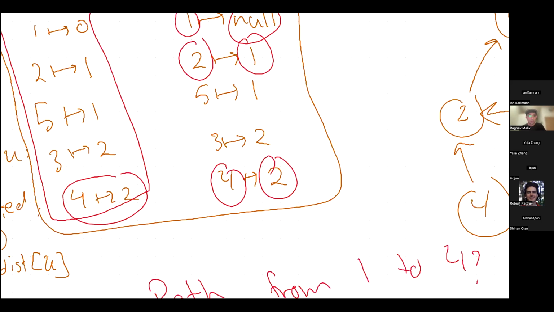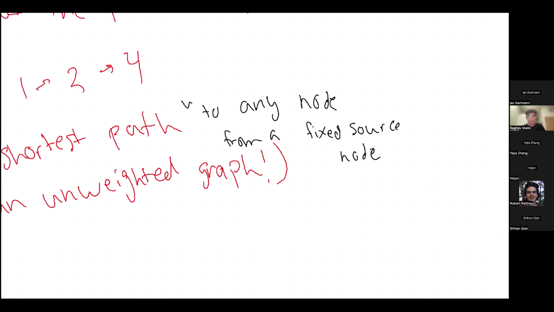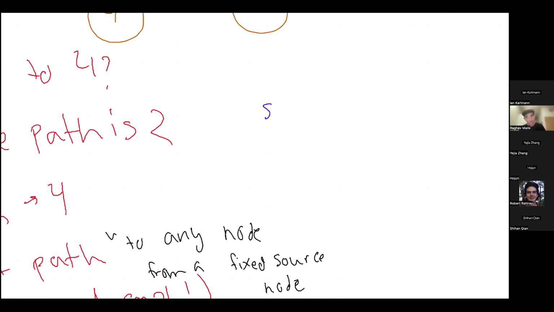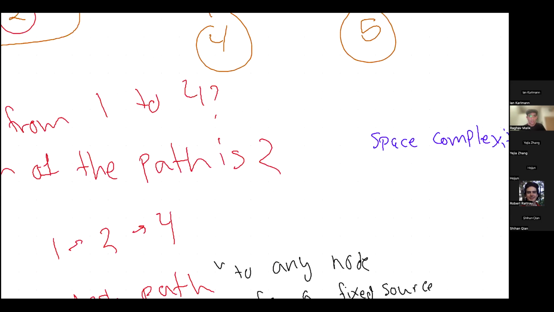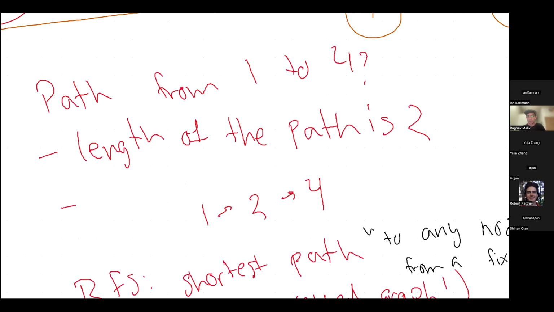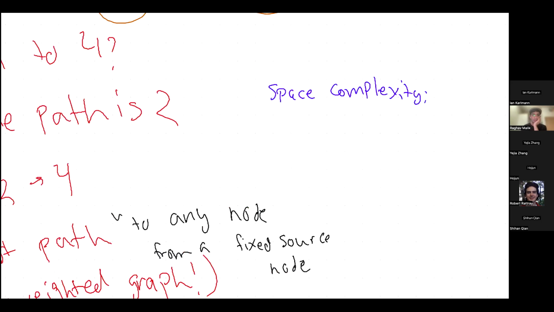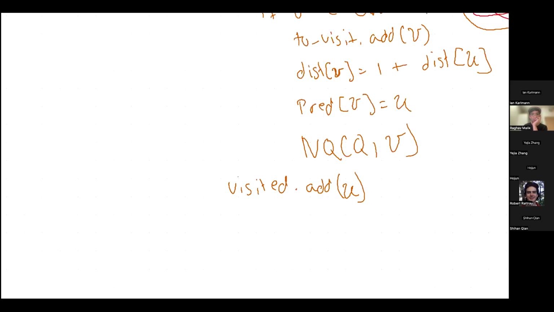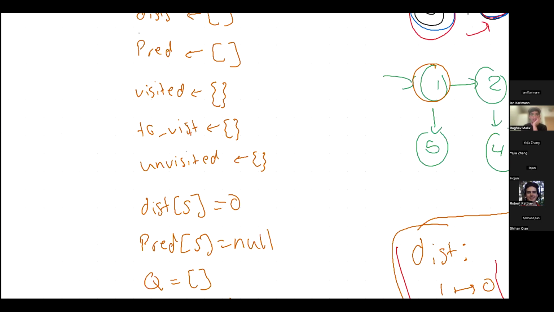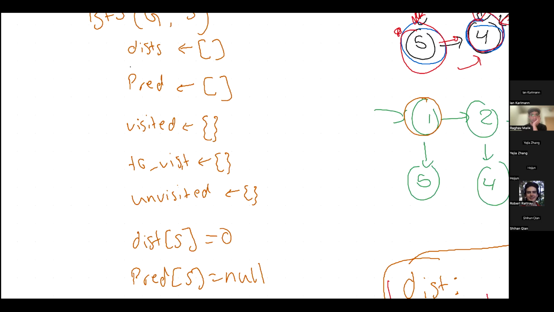So first of all, look at the space complexity, right? What is the space complexity of our breadth first search algorithm? What's the auxiliary space I'm using? The main thing is I have to keep track of these three sets of vertices, right?